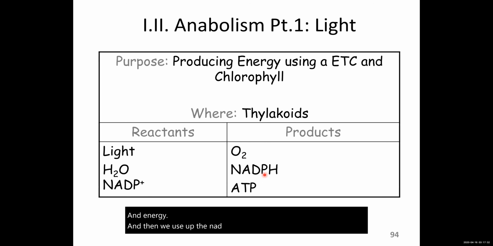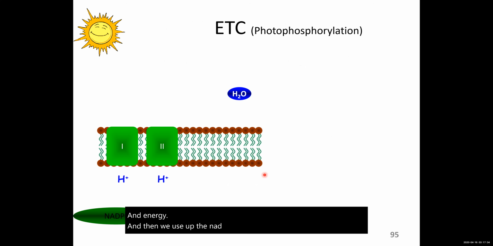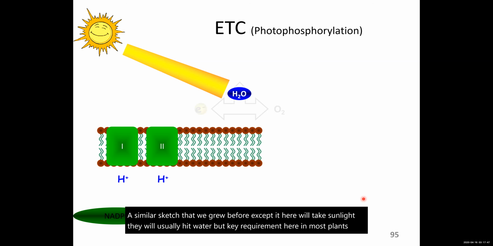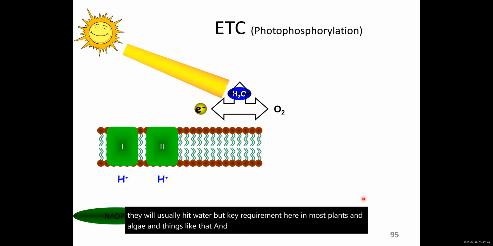So we're going to look at a similar sketch that we drew before, except that here we will take sunlight that will usually hit water, the key requirement here in most plants and algae and things like that. And that radiation, those photons, will strip off the water, hydrogen, and the electrons from the water itself.